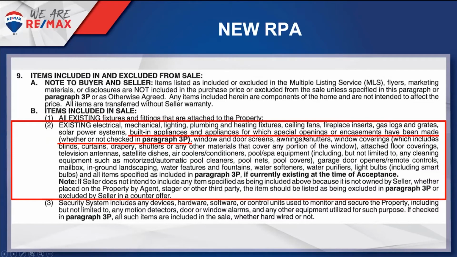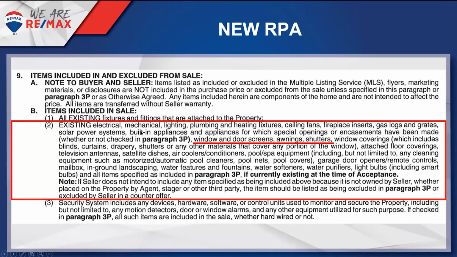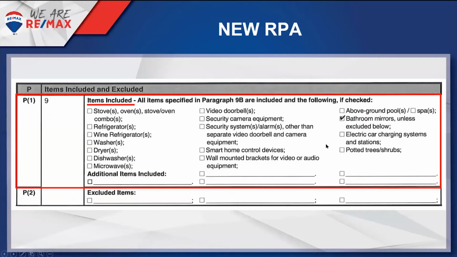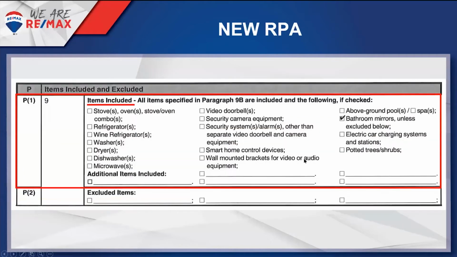Appliances with special openings or encasements, that would include a dishwasher per se, whether or not checked in 3P. So even though the dishwasher is not checked, one could argue the dishwasher conveys because there's a special opening or encasement for that dishwasher.